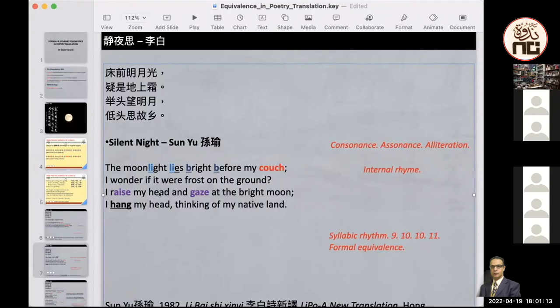The internal rhyme: raise, gaze, hang my head. The H again, the repetition of hang, head. Again, this is alliteration. All this creates musicality.